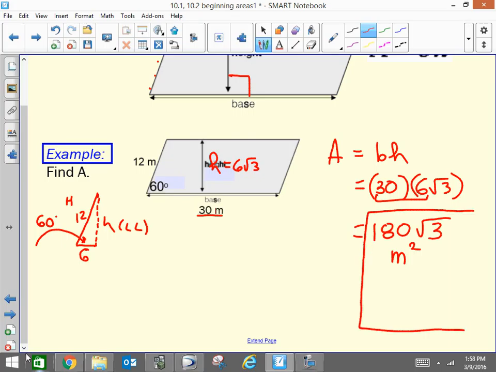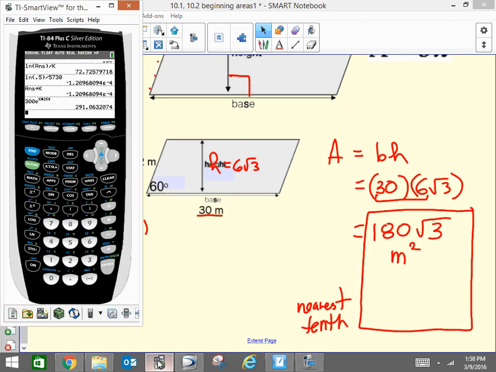Okay. Now, if it said nearest, what do you like? 10? Okay. Then you can go ahead and say, all right, here's 10. 30 times 6 radical 3.